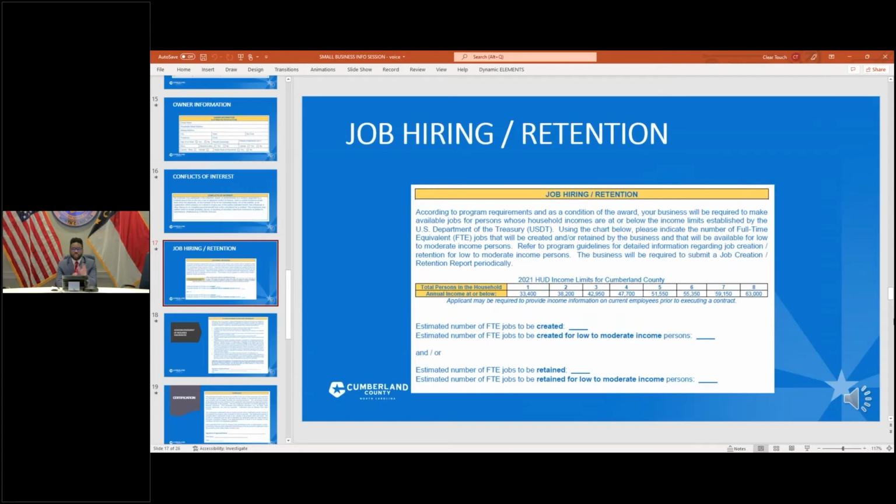And so on this particular slide, this job hiring retention slide, it's asking you specifically, how many jobs do you want to create? How many of those are low income persons? How many are you retaining? How many are low income persons?